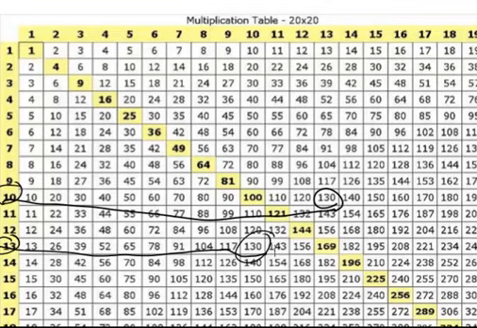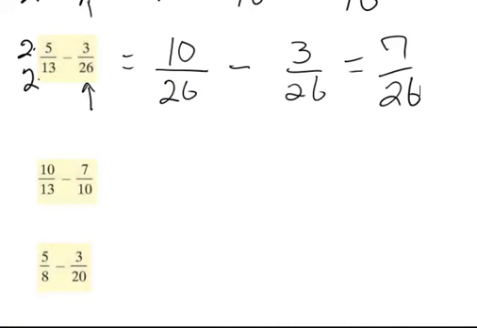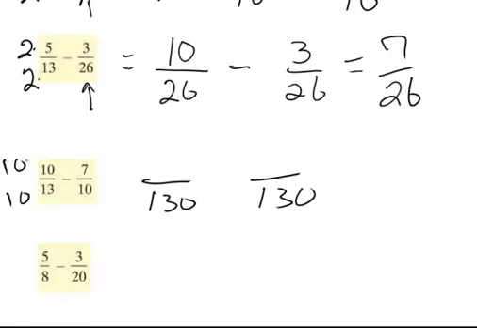All right, so now let me take my pen, write 130 on both of them. I had to multiply this one by 10, so I need to multiply that one by 10. That's 100. I need to multiply this one by 13, so I'm going to multiply that one by 13.